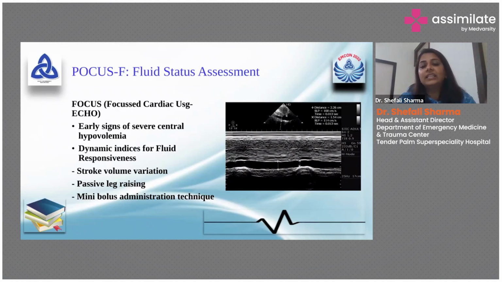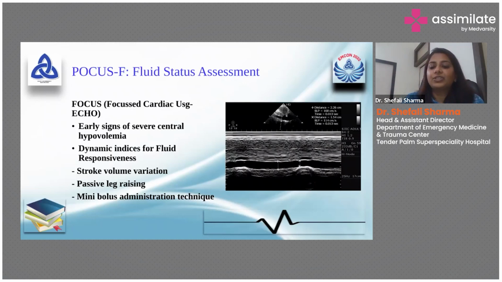Now, F is fluid status assessment. That is also a very important aspect. In fluid status, what you need to see is we check the IVC, that is the inferior vena cava, and the focus, which in echo you have already seen. Okay, the contractility is good, and then you check the IVC and see the collapsibility of the IVC with respiration, like during inspiration how much is the diameter, and during expiration how much is the diameter.